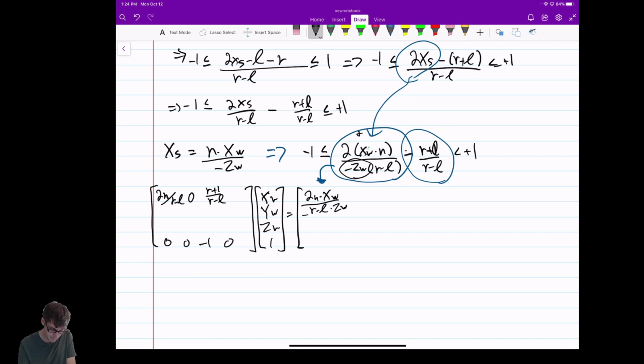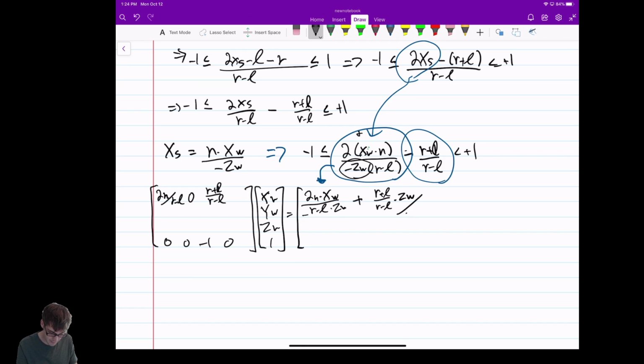Let's work through it. Okay, so the top one is 2n times xw over r minus l, and then we're going to divide by the negative z later, plus 0y, good, and then plus r plus l over r minus l times zw, right?